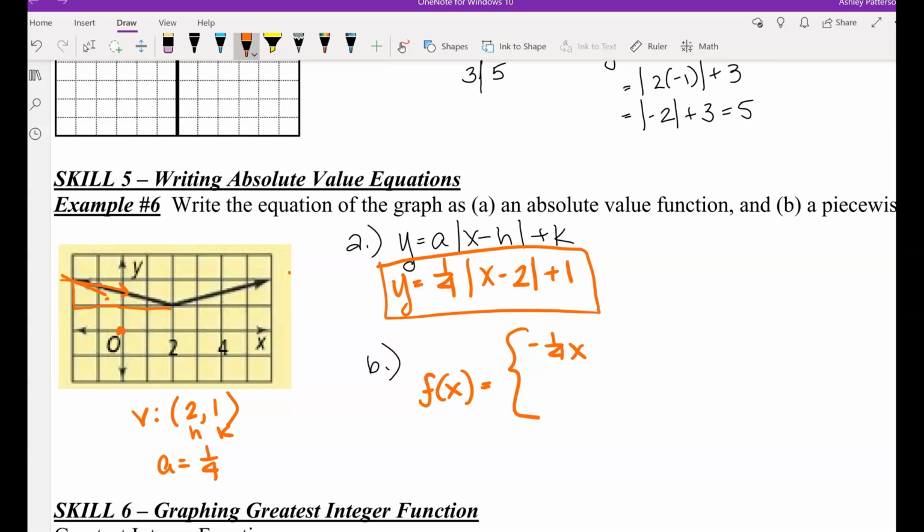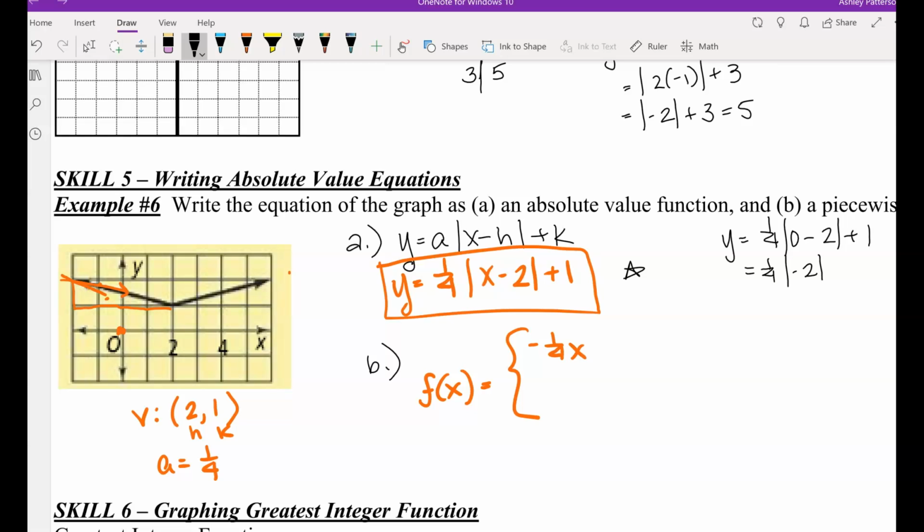And we need to find its y-intercept. Let's go ahead and substitute it into here. So y is equal to 1/4 times the absolute value of 0 minus 2, plus 1. Keep doing our math.